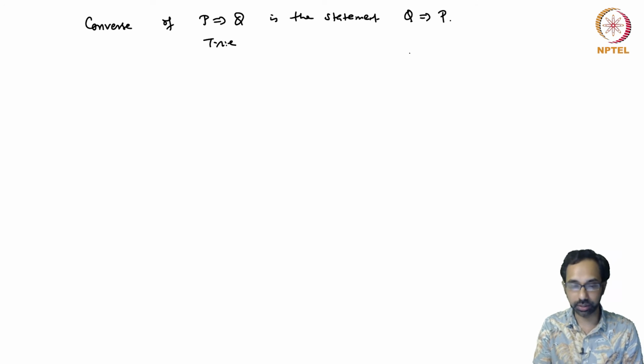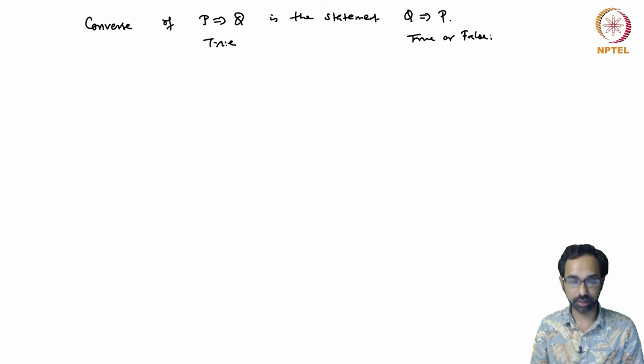So we cannot say that one implies the other. So these are the logical constructions that we use all the time in mathematics.